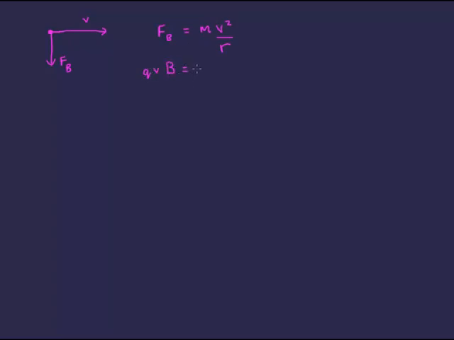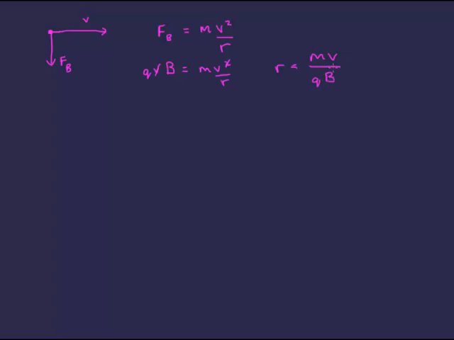So we have qvB equals mv squared over r. And what I see here is that one of these velocities is going to cancel. And if I solve this for the radius of the circle that this thing would move in, I get that the radius equals mv over qB.